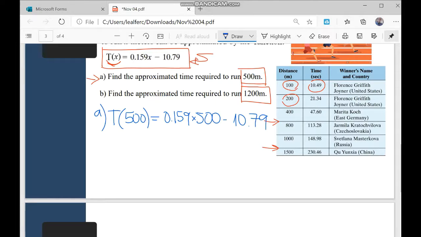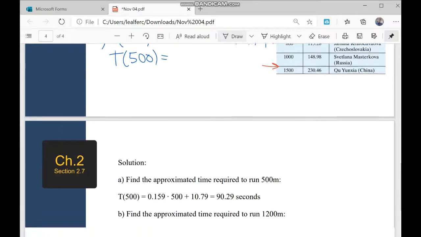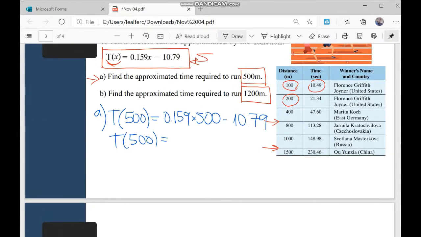Type this operation on a calculator, and you're going to find T(500) equals 90.29. You can check on your calculator to see if it's right. 90.29 seconds. Okay? This is going to be the time for 500.